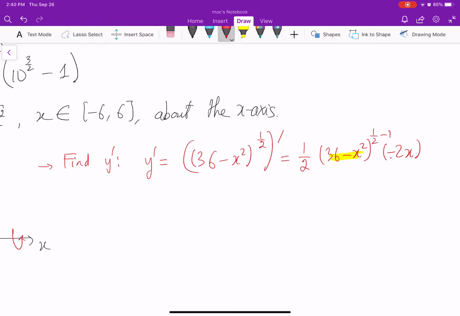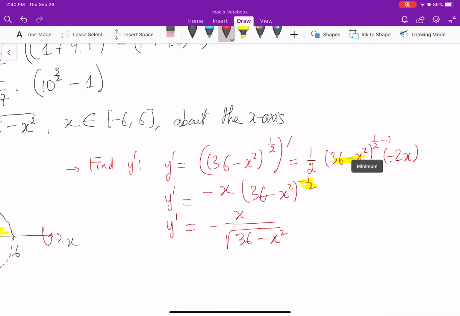Let's simplify the 2 and 2 in here. So I get -x times 36 minus x squared to the -1/2. Since we have -1/2, we can flip that and rewrite it as -x over the square root of 36 minus x squared. So this is our derivative.